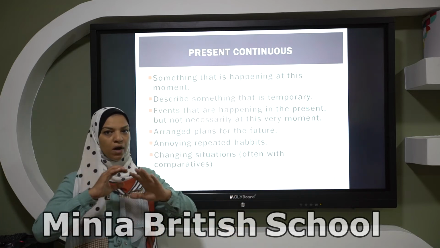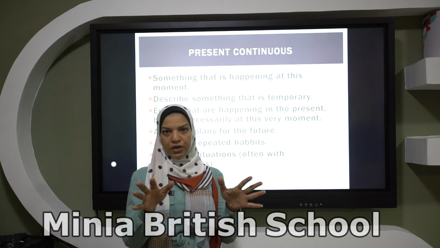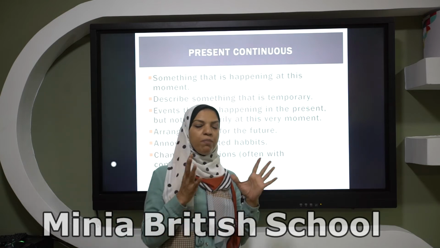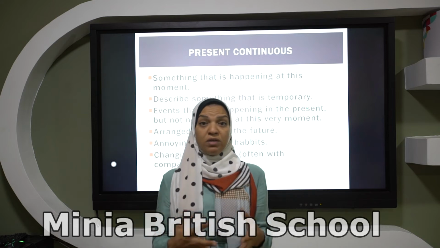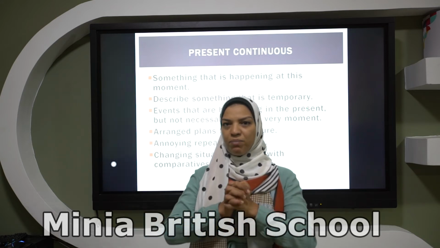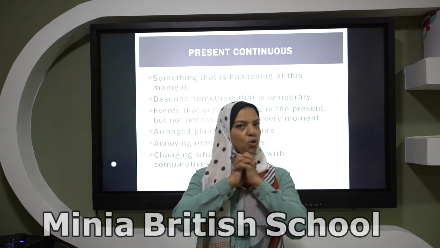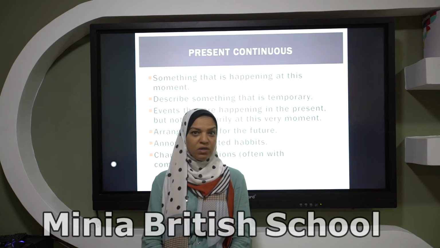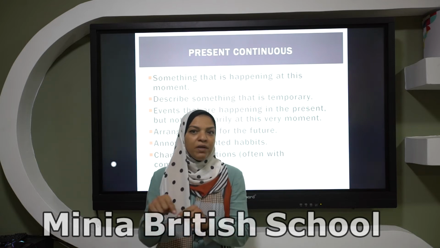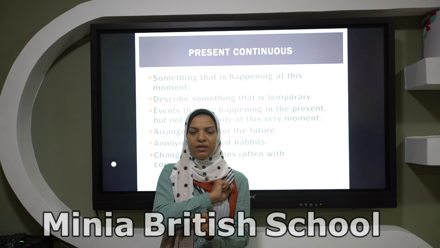So if you have a boss, and that boss at work bothers you all the time, you'd better say, my boss is always bothering me. You can say bothers me, because it's not just a habit, it's repeated and annoying at the same time.